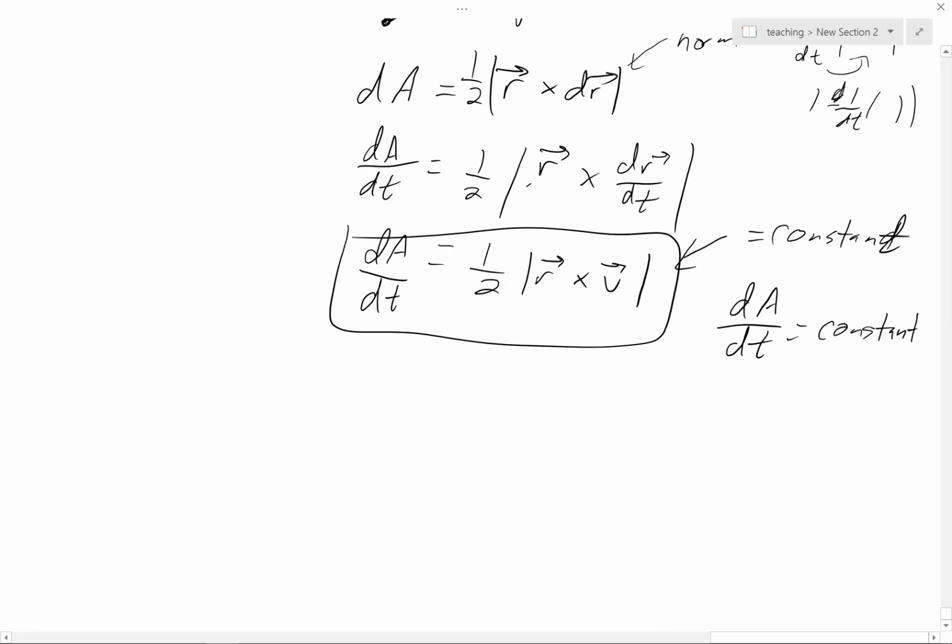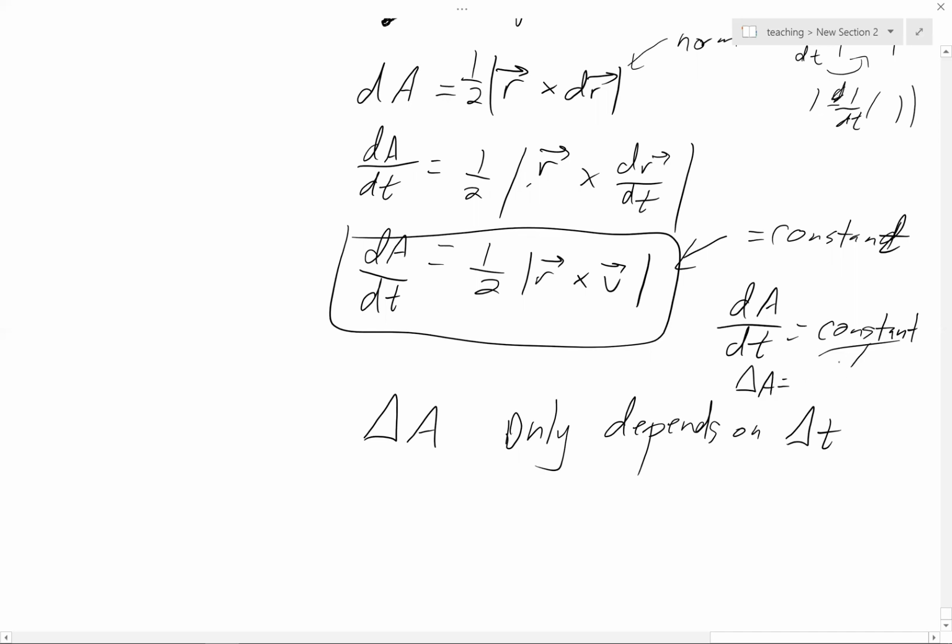So if I take a particular length of time, it doesn't matter what that time is. The change in area only depends on the change in time. Whatever this constant is, delta A is that constant times delta t, right?